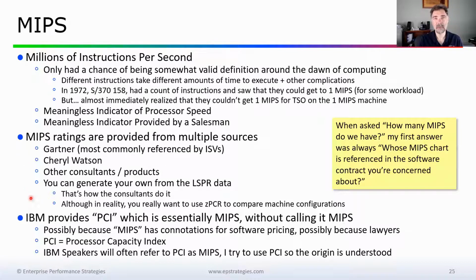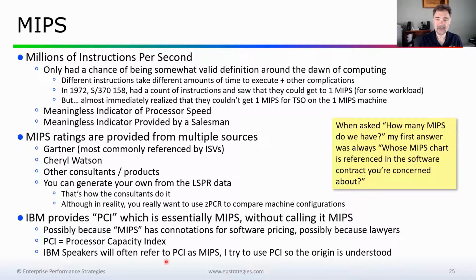Unfortunately, there are multiple MIPS charts available. And so when somebody came and asked me, how many MIPS do we have on the floor? I always knew that that was because they were investigating a new piece of software or an upgrade to a piece of software and needed to know the capacity on the floor. And so my first answer was, what software are we talking about, so we can understand what the contract says in terms of whose MIPS rating we should really be using.